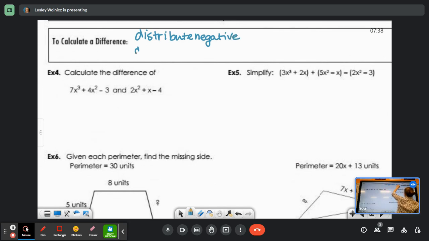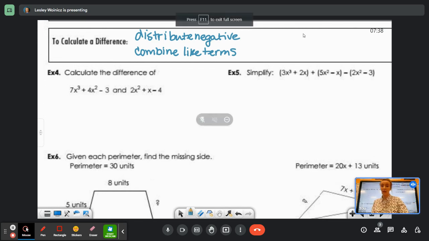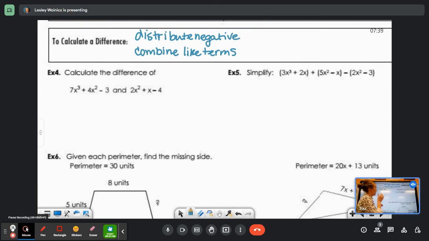And then we can combine like terms. Okay, I'm going to use the rest of this box to show you why. Hold on. Okay, so I just told you I was going to tell you why we have to distribute a negative.